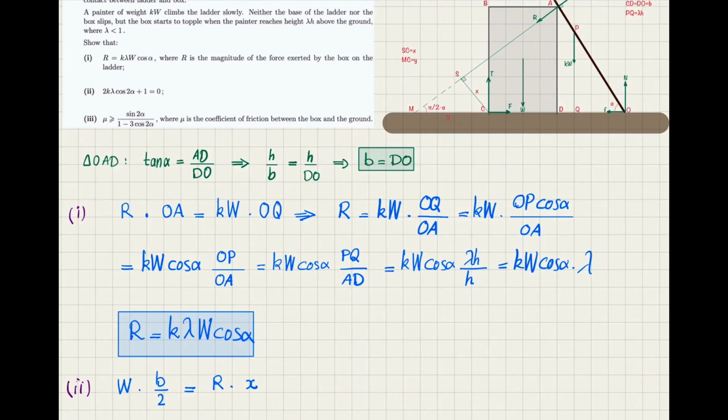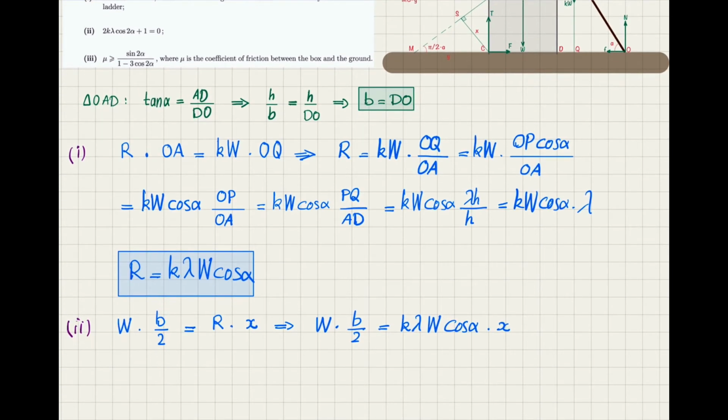Okay. If I have an eye on what I want to prove, this relation is independent of W and R. Of course, in the previous case, I can use this. Let me substitute this. Instead of W, let me just write W and B over 2. But instead of R on the right-hand side, I can use this relation. So I can write K times lambda times W times cosine alpha, and finally times X at the end.